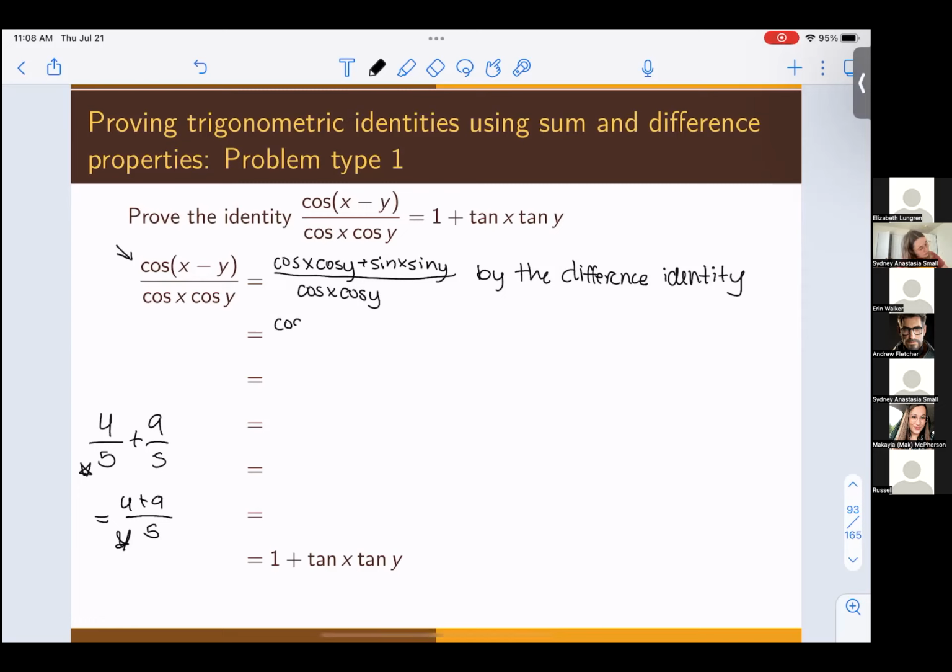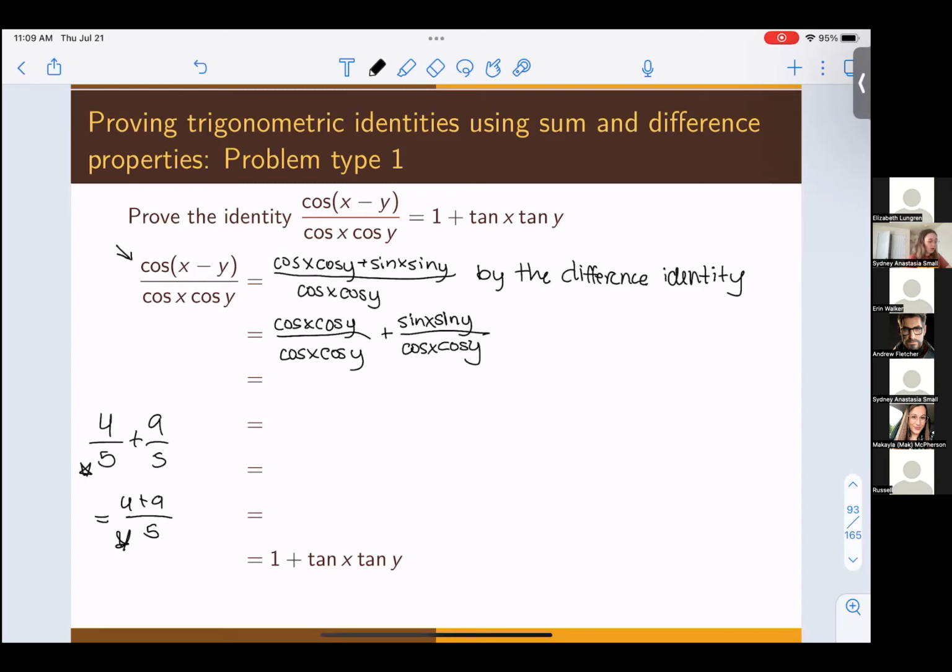We just have the cosine x cosine y over cosine x cosine y plus sine x sine y over cosine x cosine y. Now, it may not be immediately evident to you at this point, but we are pretty much done. What happens here?